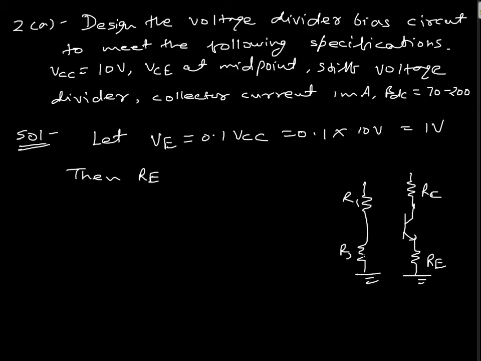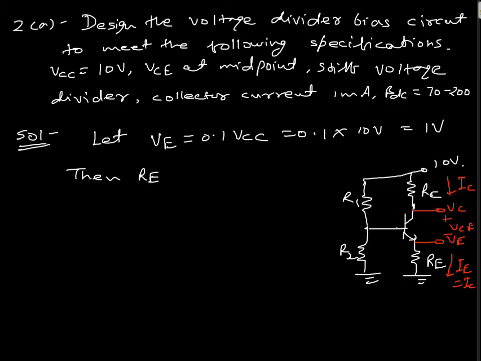Now designing means we need to find out these resistor values for the given specification. So this value is given as 10 volt. Okay, this is VE, this is VC, so this has to be VCE, this is IC, this current is IE, and IE is same as IC.